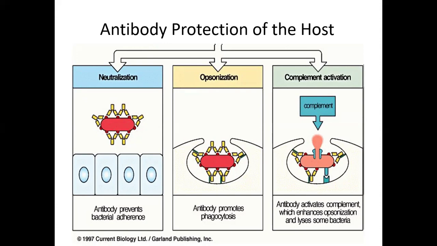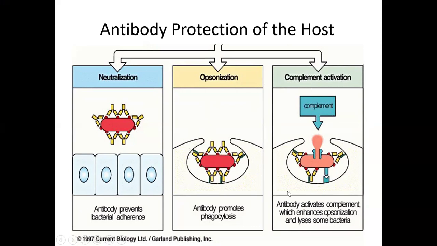But if bacteria are marked with antibodies, the phagocytic cell understands that it's something foreign faster. So opsonization is the help for the phagocytic cell in the process of recognition and engulfing.